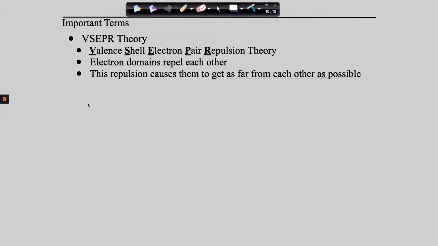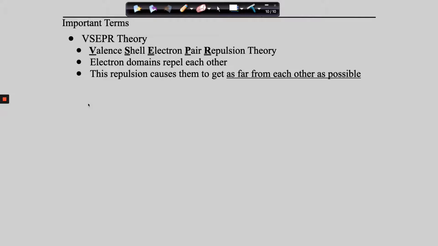They are trying to get as far apart as they possibly can. So we've got one more thing to talk about relative to these domains. Then we're going to have set the stage, and we're going to be ready to actually dig into this theory and talk about what these molecules actually look like 3-dimensionally.